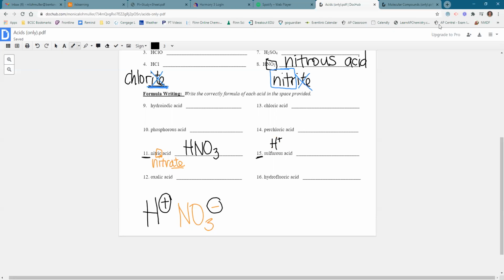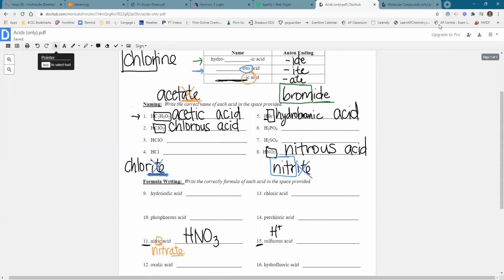But then looking at the OUS from sulfurous, it follows along with the middle line, the OUS, the ITE. So the OUS here is talking about the middle line. So instead of dealing with sulfur or sulfide or sulfate, we're looking for sulfite.